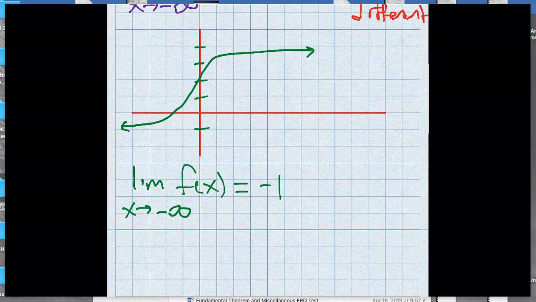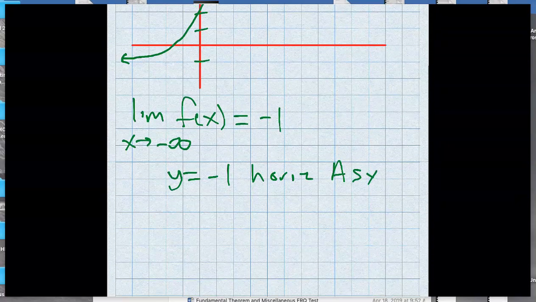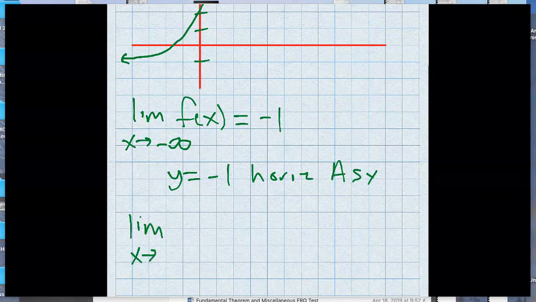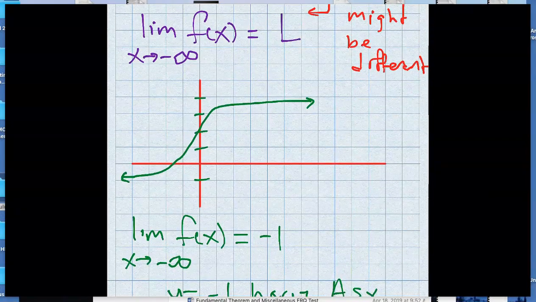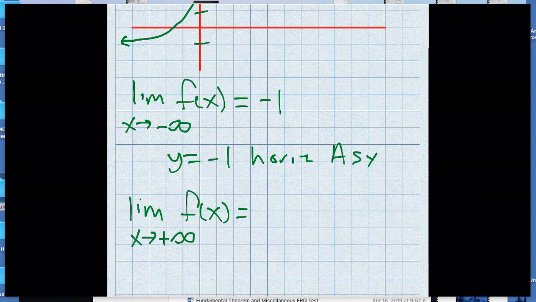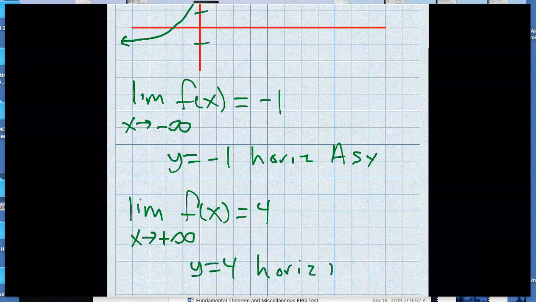So y equals -1 is a horizontal asymptote. Remember, if you look at the limit as x goes towards positive infinity on this function, what you'd have is 4. That means y equals 4 is a horizontal asymptote.